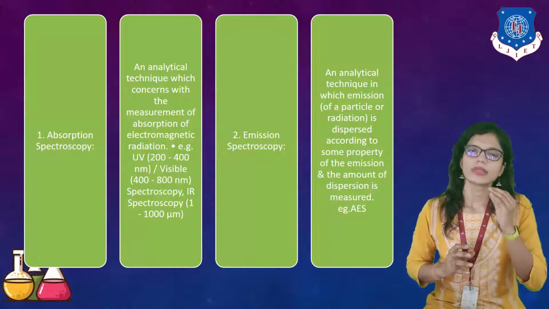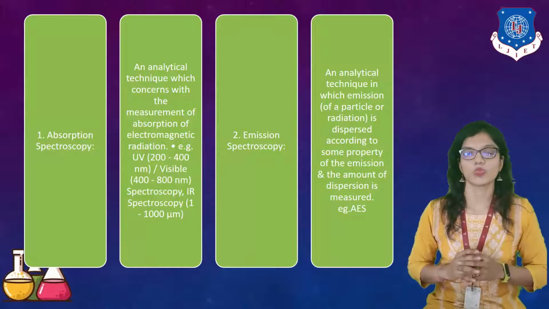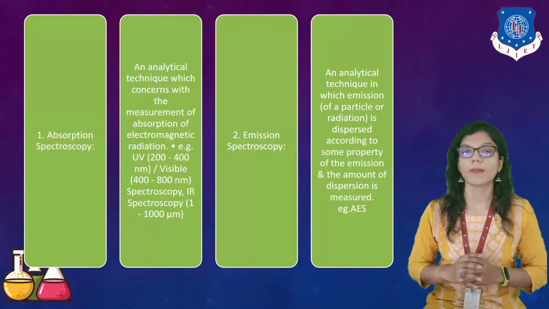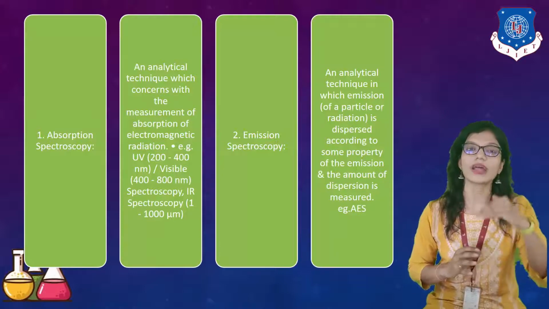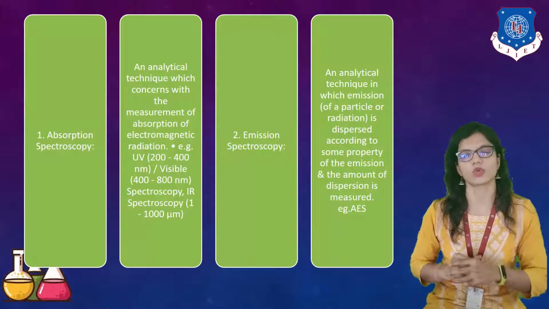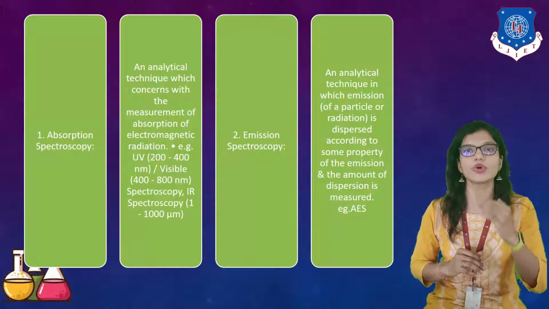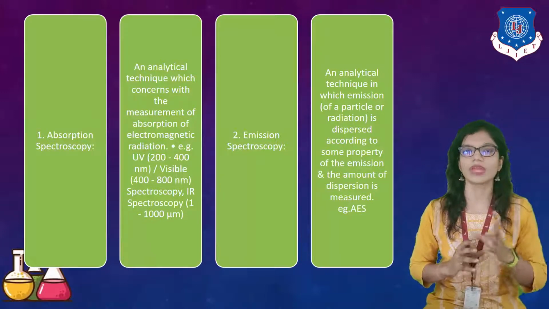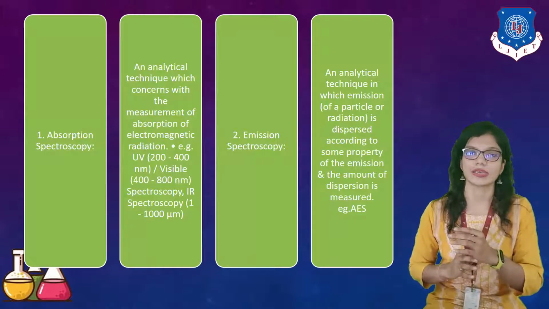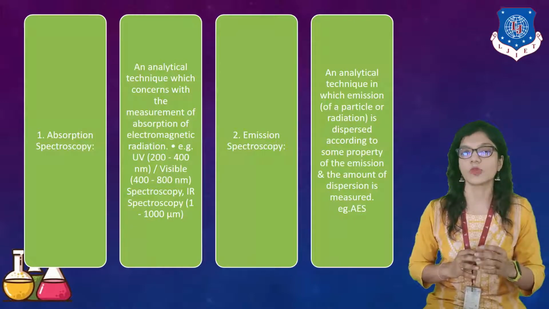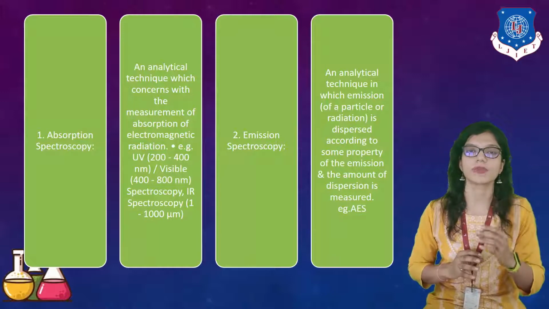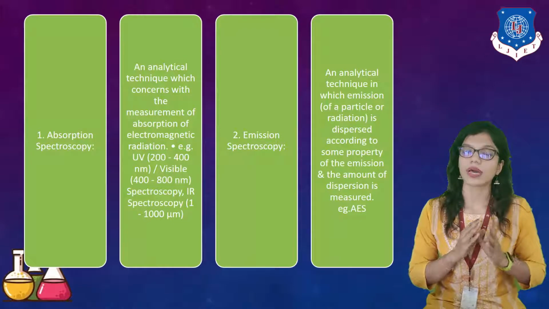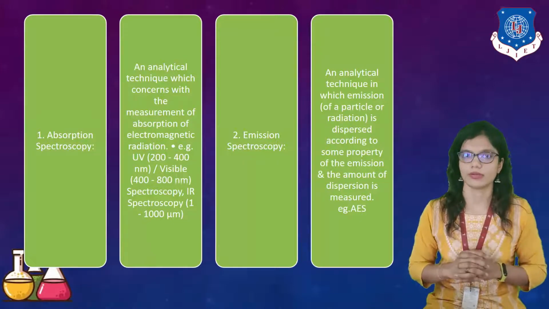Here, UV and IR spectroscopy are absorption spectroscopy. But these are molecular spectroscopies which identify the molecules. When we talk about atomic spectroscopy, we can refer to it as AAS. AAS stands for atomic absorption spectroscopy. These are the absorption spectroscopic methods.